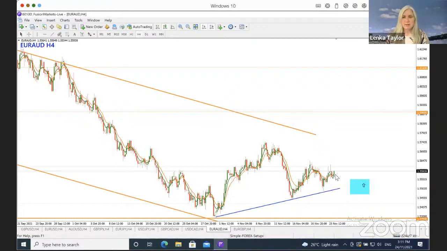So I'm staying out now until I see the price move either downwards or upwards, and then I would make a decision. But if it does go down, then I would be looking for a reversal. So the price would need to come down, then looking for a reversal there, or if it comes further down, then looking for a reversal there.